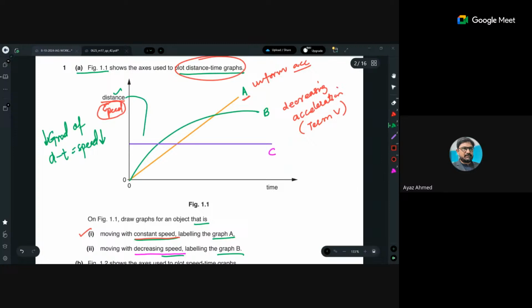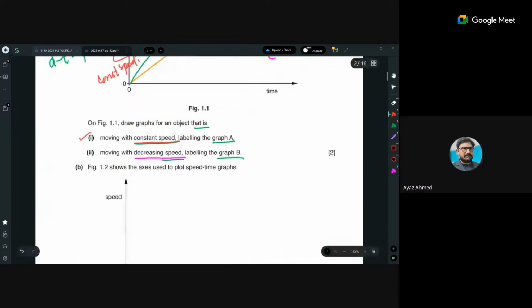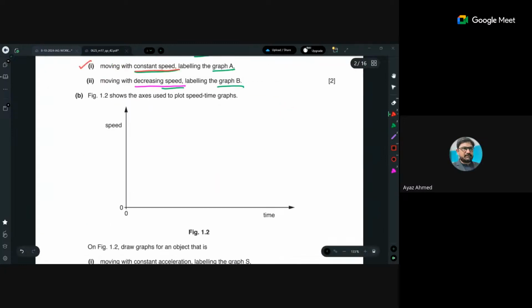For distance time it is rest, and for speed time it is constant speed. Okay. Is it clear to you? Yes. Okay.